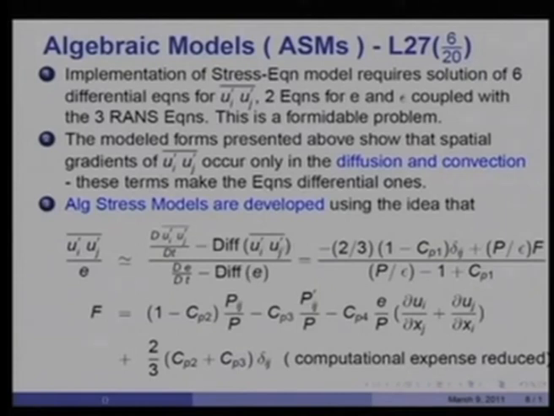That would reduce the right hand side to minus 2 by 3 (1 minus Cp1) delta ij plus P by epsilon divided by (P by epsilon minus 1 plus Cp1) multiplied by F here, and F is equal to 1 minus Cp2 Pij by P minus Cp3 P dash ij by P minus Cp4 E by P into the strain rate.